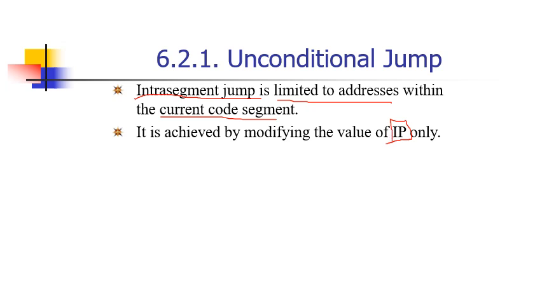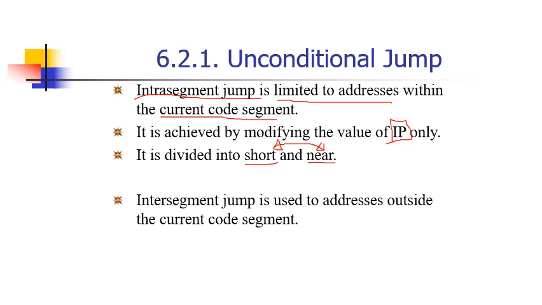You do not change the value inside your code memory segment. Only IP is going to be changed. Again, it could be of a short type or a near type. So what is the difference between a short jump and a near jump?